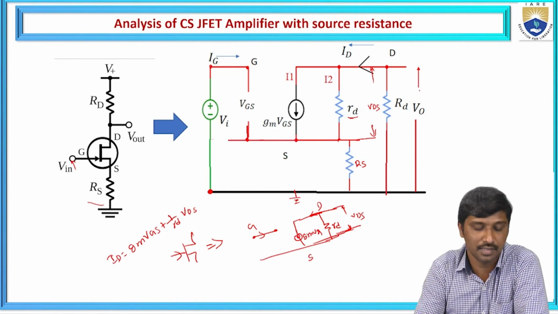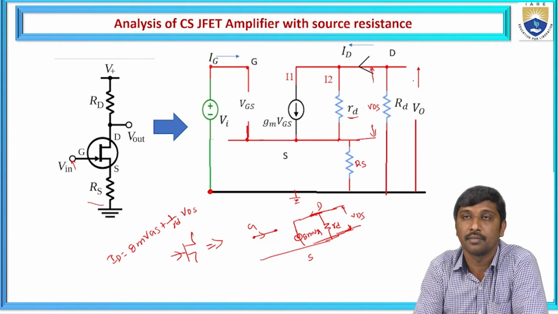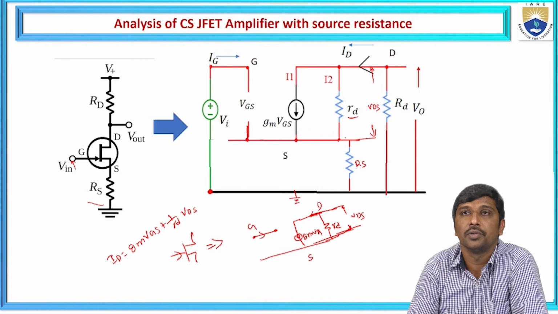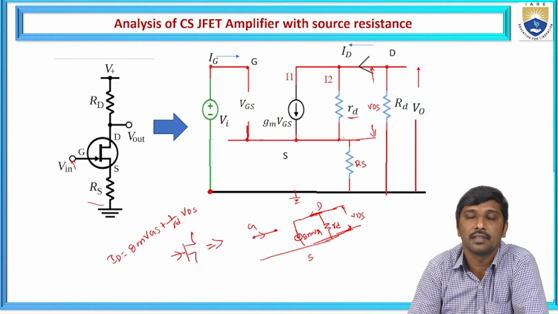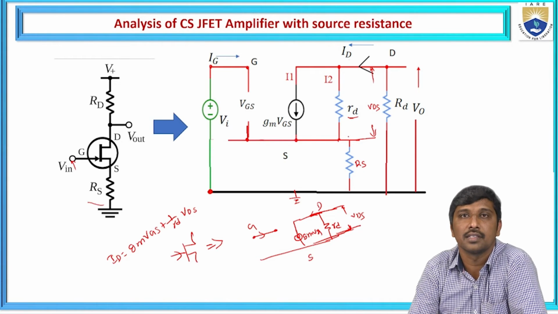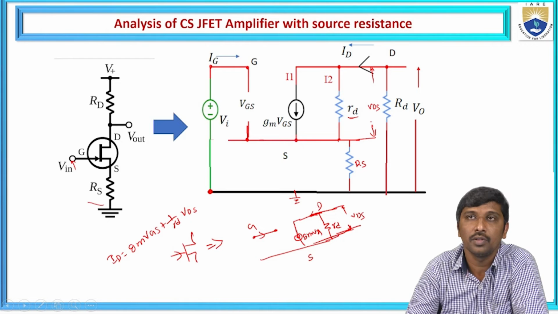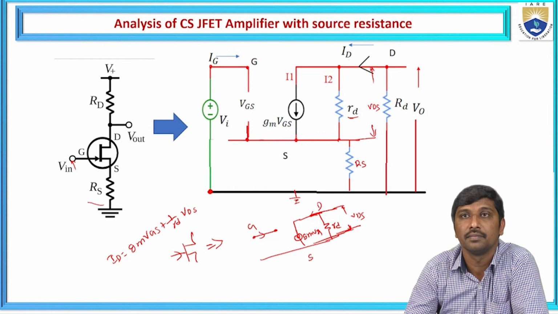Now, using this circuit, we are going to analyze the voltage gain as well as the input and output impedance, and see how adding the source resistance affects these parameters in the amplifier analysis.